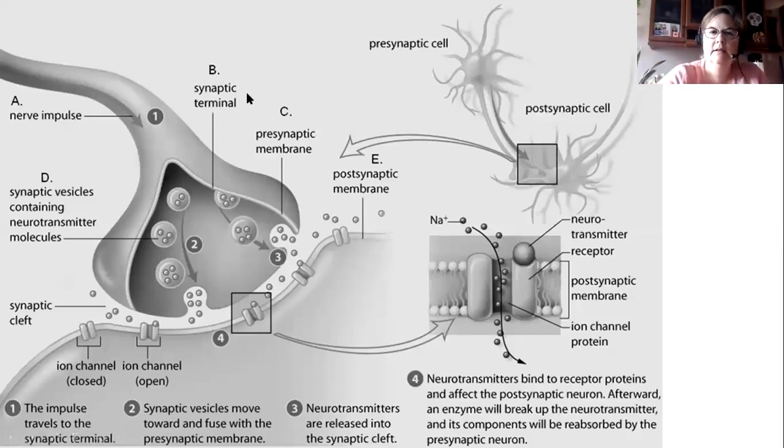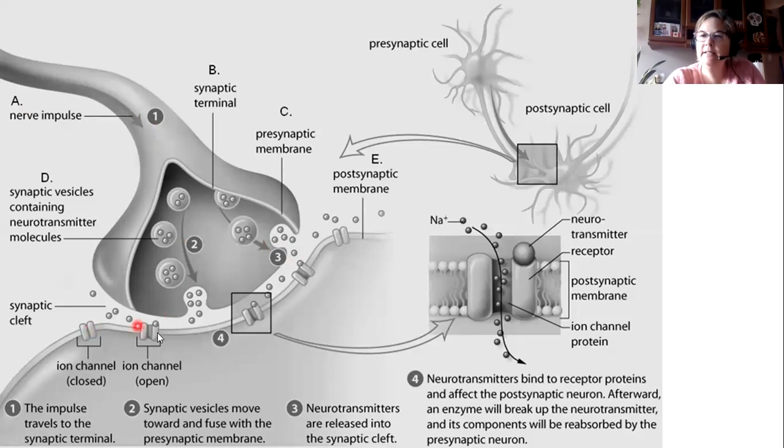Okay, so let's take a look at this image here. Again, we want to just go through this process. So we have the nerve impulse, right? And as the nerve impulse comes down, it's causing these synaptic vesicles to fuse with the bottom of the synaptic knob. And they're going to dump their neurotransmitters into the synaptic cleft. Okay.